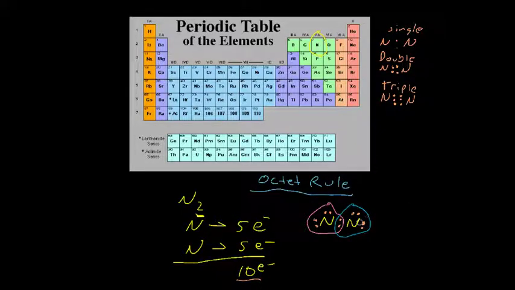So we must have to go up to either a double or triple bond. These nitrogens need to share more electrons in order to have a full octet. So let's start over with it here at a double bond. And got nitrogen, nitrogen, and let's just do a double bond.